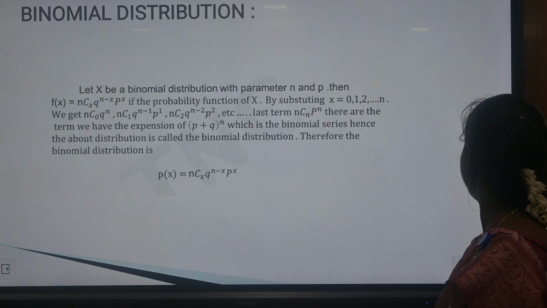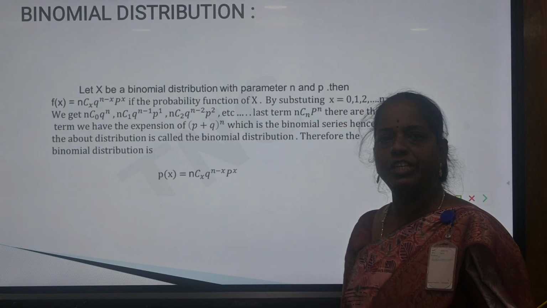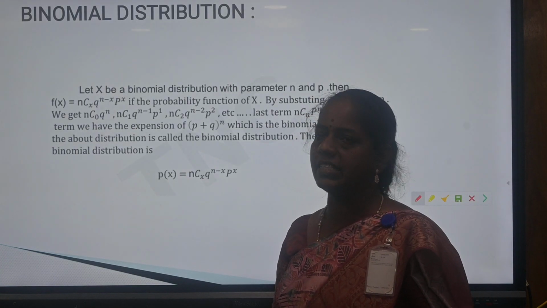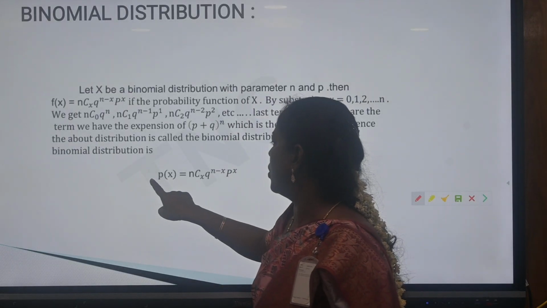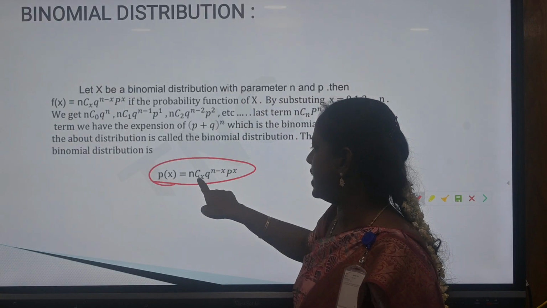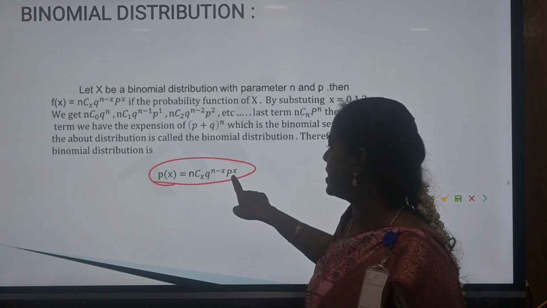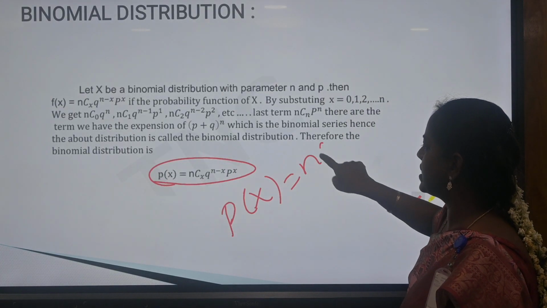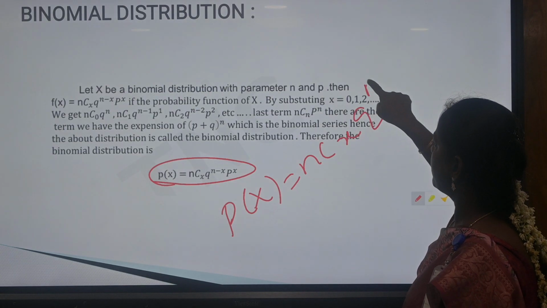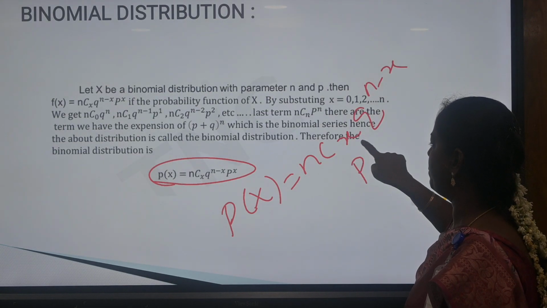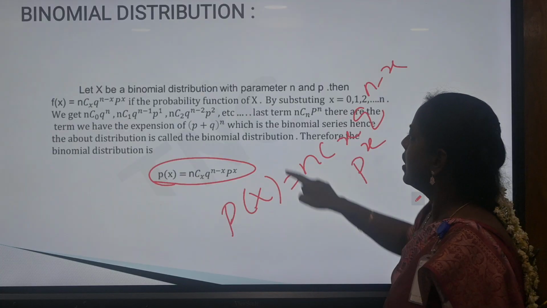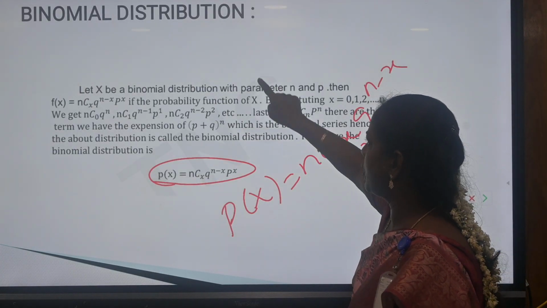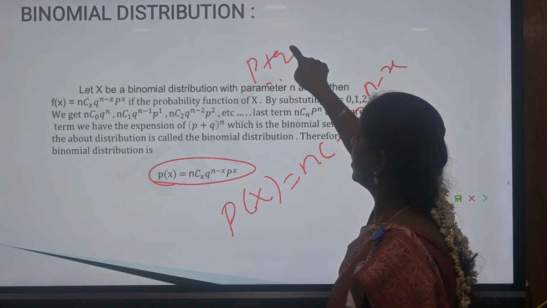Next is binomial distribution. In the binomial distribution, the probability function is defined as P of X equal to nCx into Q power n minus x into P power x. This distribution satisfies one more condition, P plus Q equal to 1.